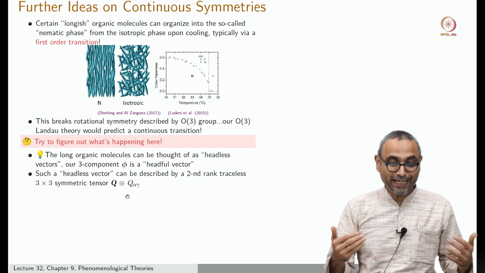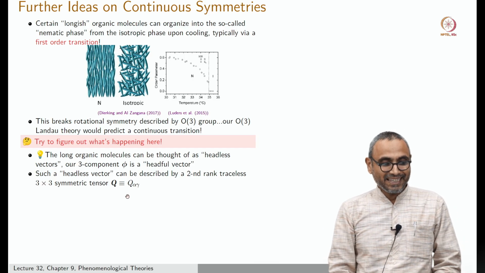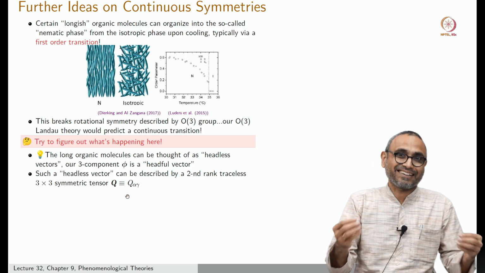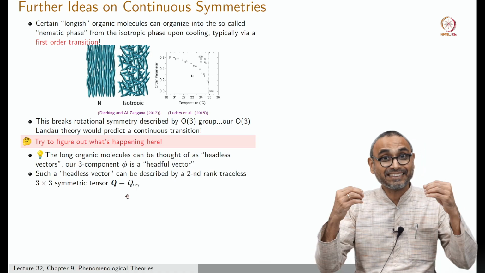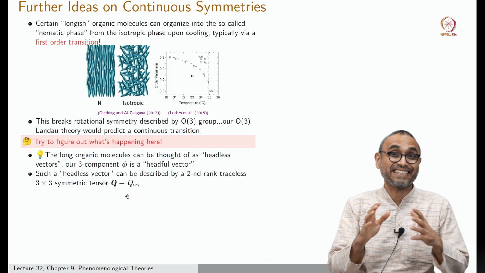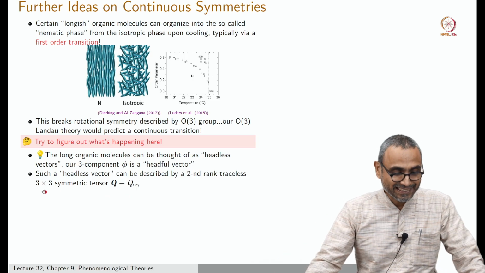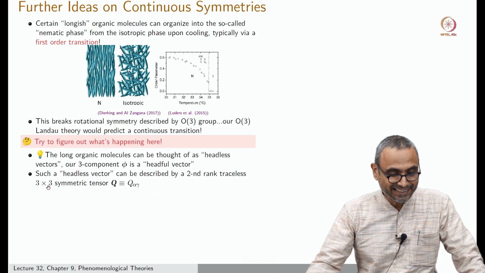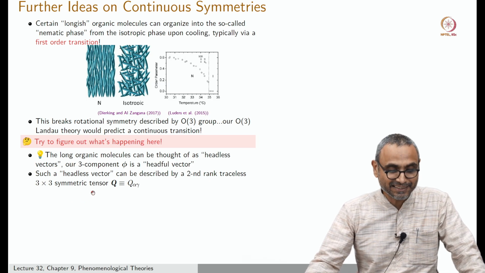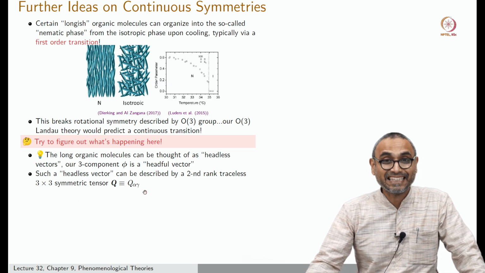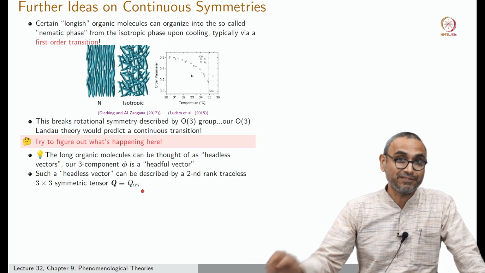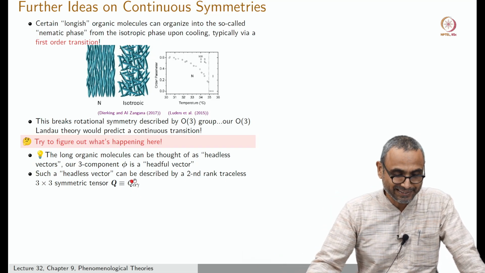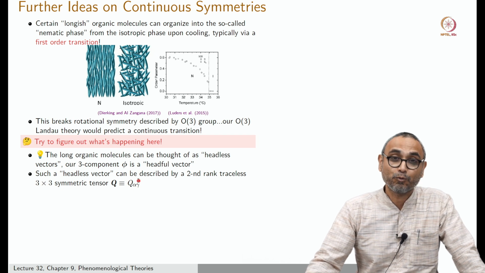You should try to think about why this could be true. Such a headless vector can be mathematically described by a second rank symmetric tensor which is traceless. I'm writing this as Q here, and it's a 3 by 3 second rank symmetric tensor which is traceless. So in the notation we have introduced, Q alpha alpha, which would be the trace of this 3 by 3 symmetric matrix, would be 0.